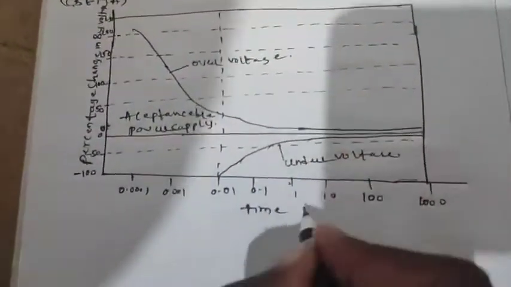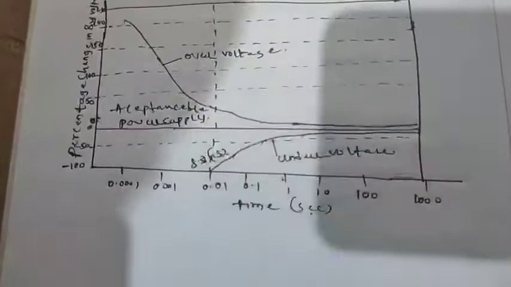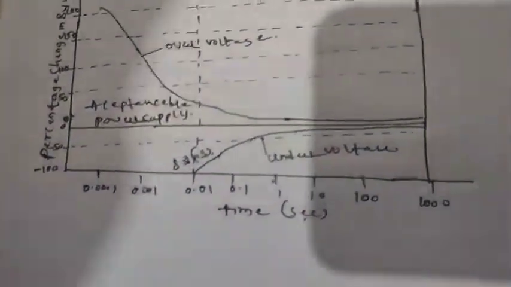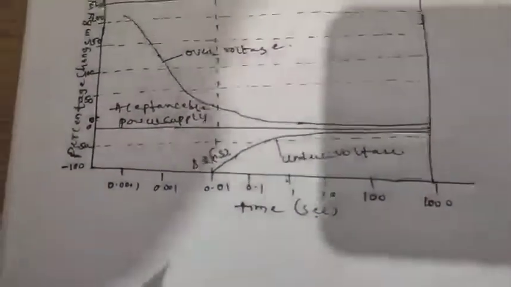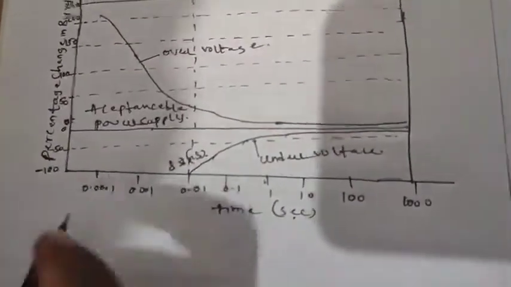So time is in seconds, and for example this one is in milliseconds. This is the historical data from mainframe computer operations.